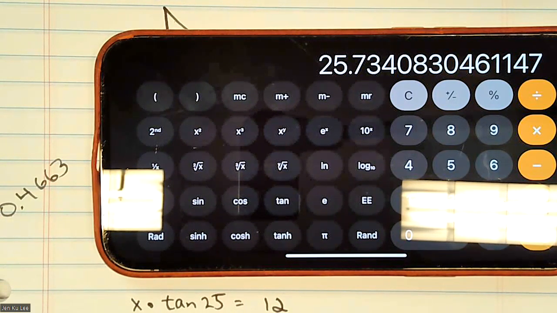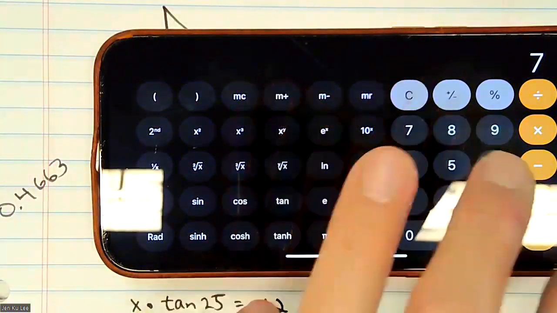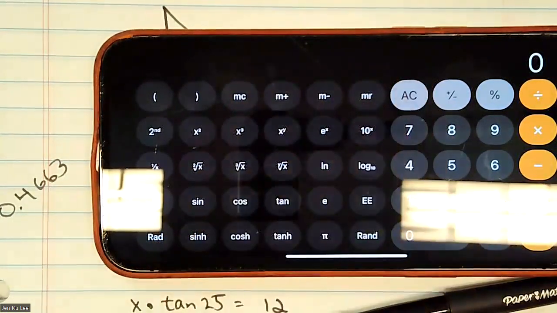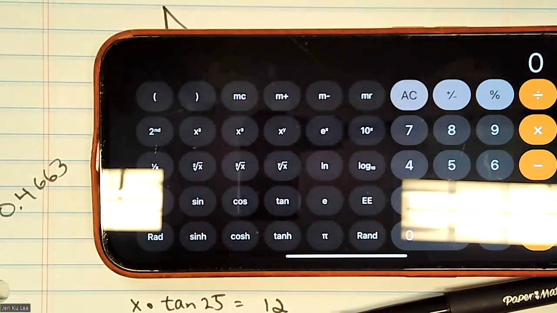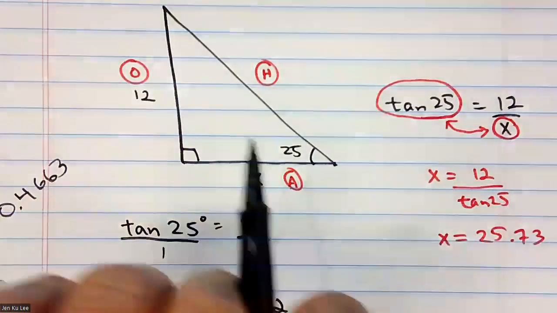And some students don't push the equal. They always forget the equal button, because we're just so used to not pushing that equals button. Okay? Cool? All right?